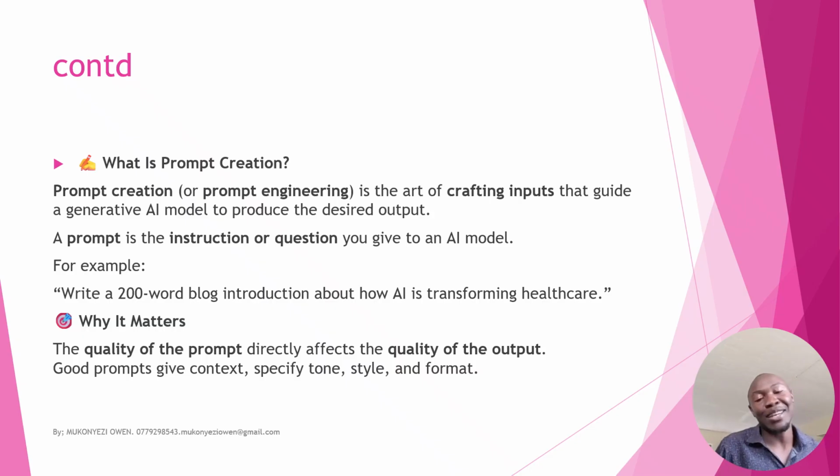Then it gives you the output. For example, write a 200-word blog introduction about how AI is transforming healthcare. You are specific about the words that you need. You want a blog introduction about what? About how AI is transforming healthcare.